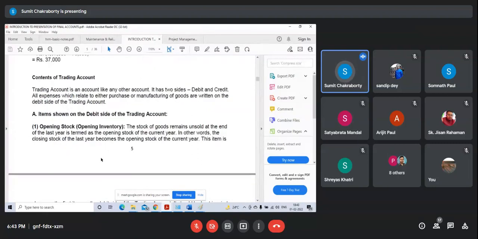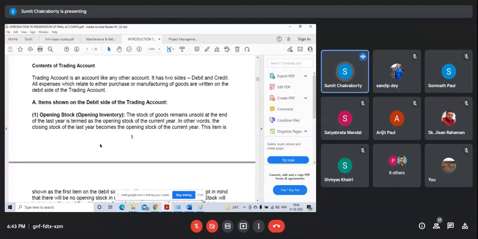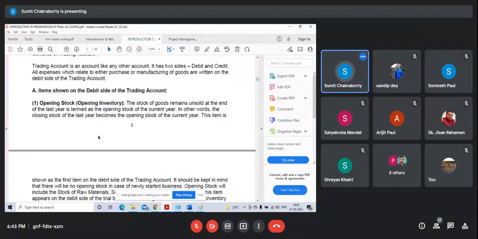Contents of trading account. This portion, from page number 5 to page number 10, for the trading account is very important. Opening stock or opening inventory: the stock of goods remaining unsold at the end of the last year is termed as the opening stock of the current year. In other words, the closing stock of the last year becomes the opening stock of the current year.